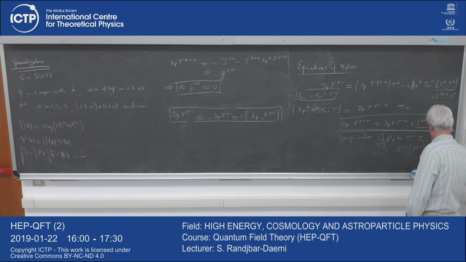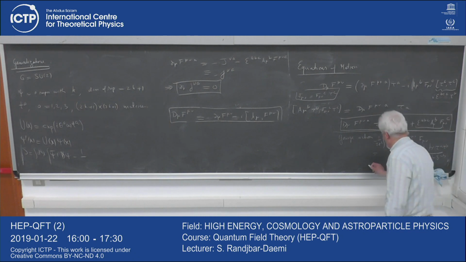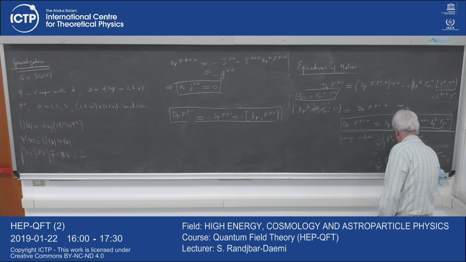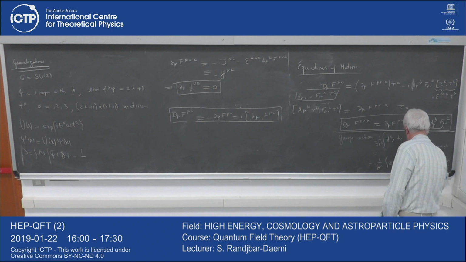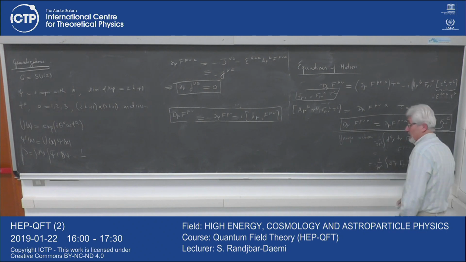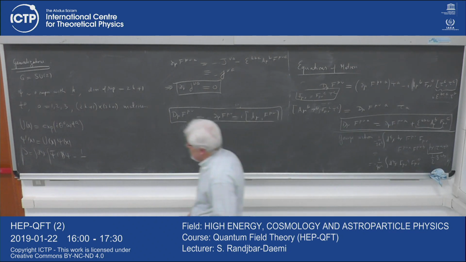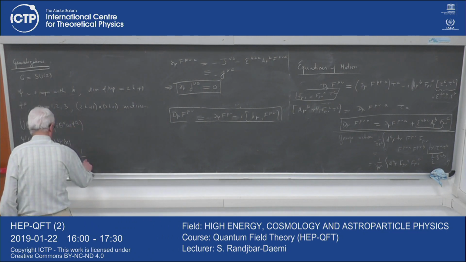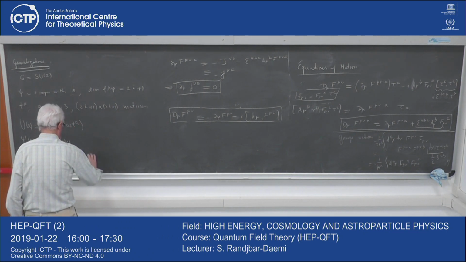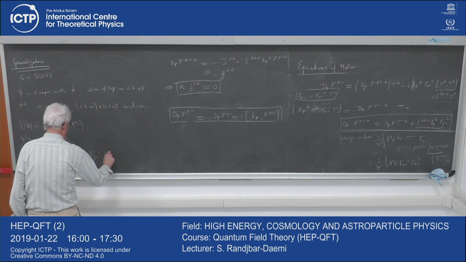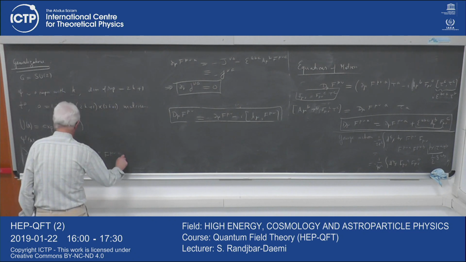This is 1/2 delta^AB. Therefore, the whole thing will be minus 1 over 4 e squared integral d4x F_mu nu^A F^mu nu A. Okay? So that part remains the same. There is no trace now. We will simply write F_mu nu^A F^mu nu A.